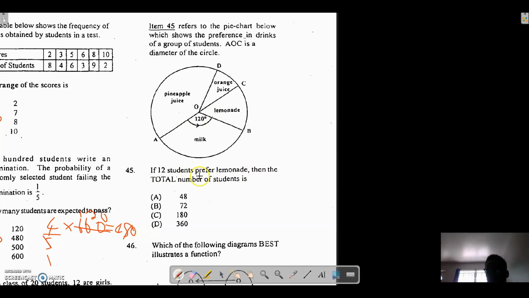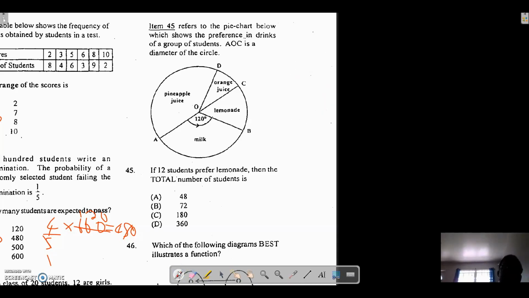What do we know? We know that 12 students prefer lemonade. This angle for lemonade, since this entire angle would be 180, it means that this small piece would have to be 60, because this is 120. Alright, so 60 out of the 180. Well, not 60 out of 180, rather.